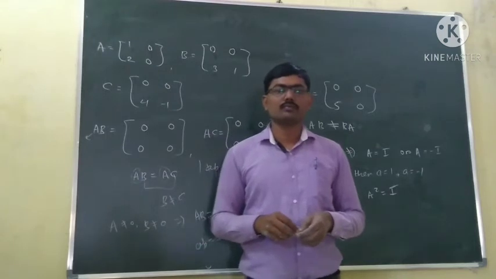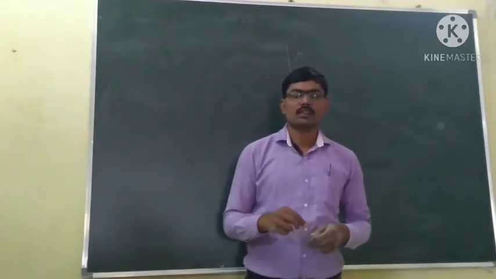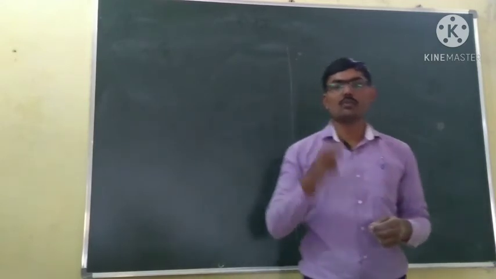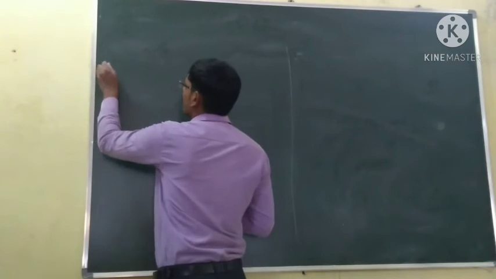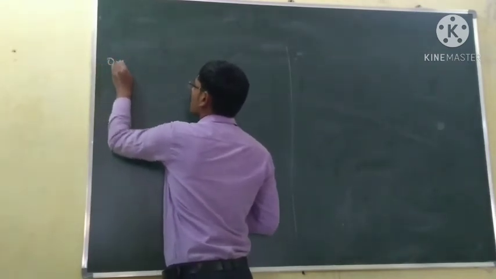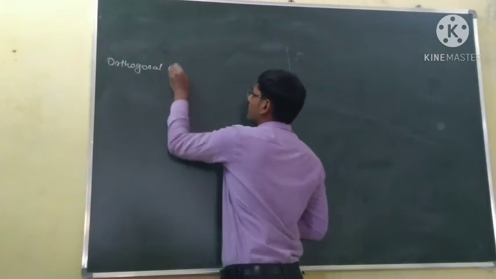Okay. We have already seen some different types of matrices. Now we will add 2 more types of matrices. So one type is orthogonal matrices.